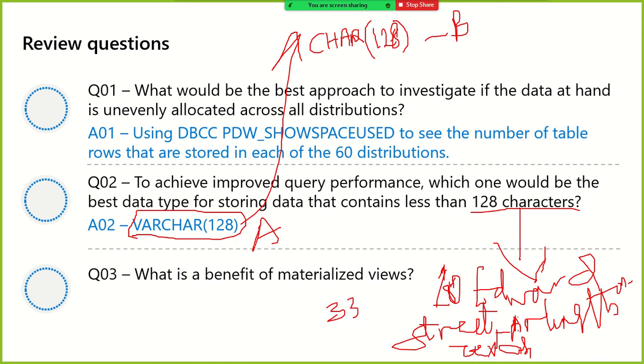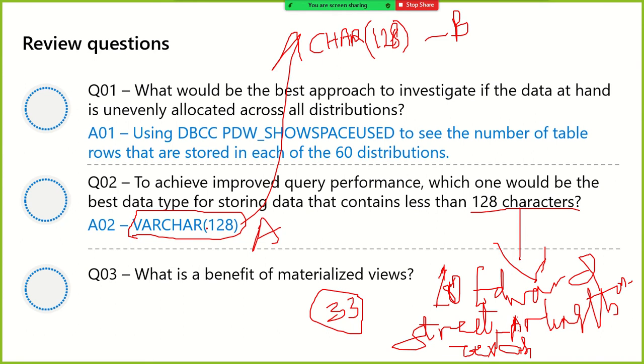So because you use varchar 128, it will provide only 33 character storage space. If somebody else writes another address that is very long, let's say the address is 120 characters, it will allocate 120 characters to store that address.